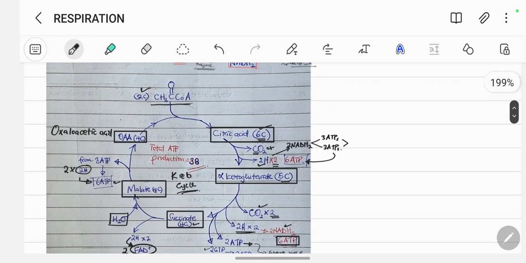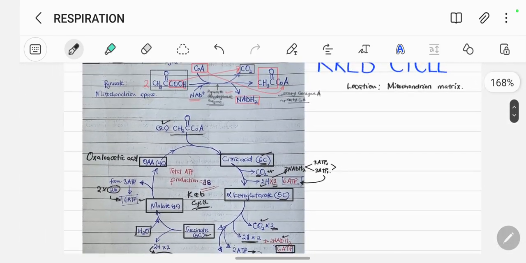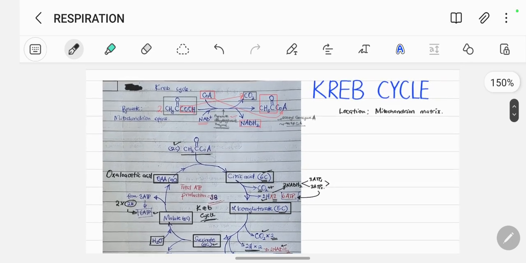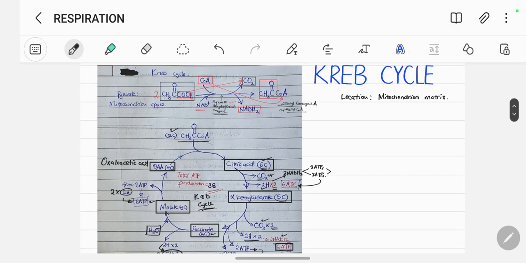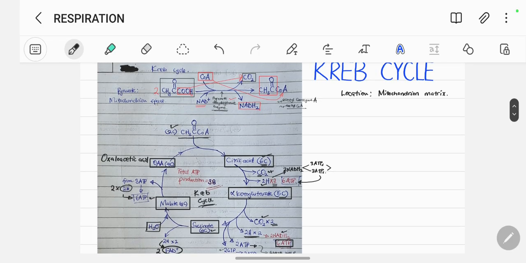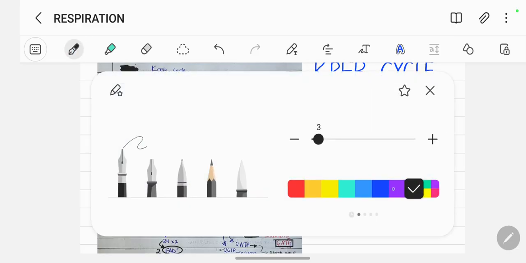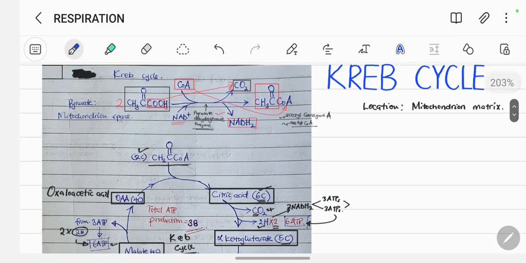So that is it for Krebs cycle. So we have to talk about the importance of Krebs cycle, and we have to count the number of ATPs that are formed here.